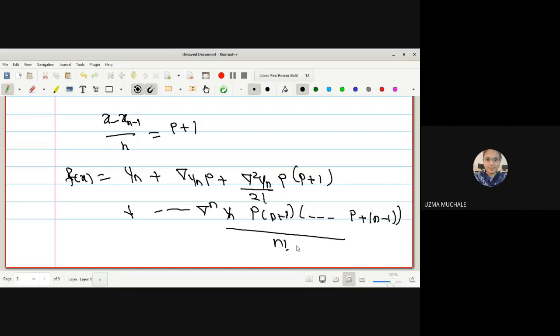So in this way we have completed all the relations in this lecture: forward and backward difference operator, method of separation of symbol. If you have a doubt, you can ask.